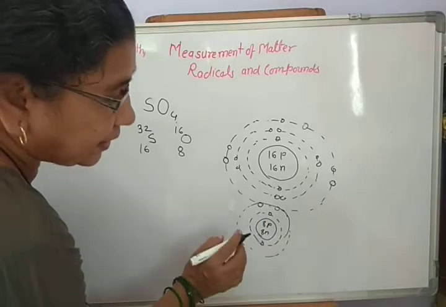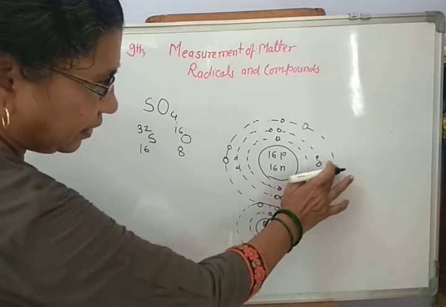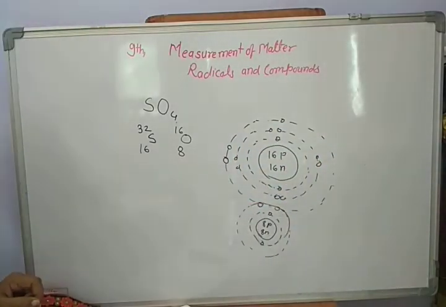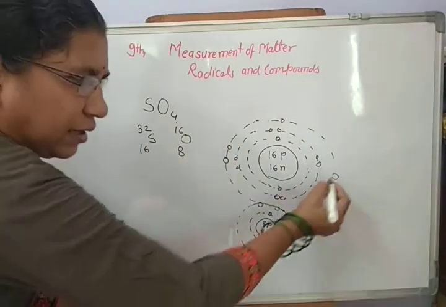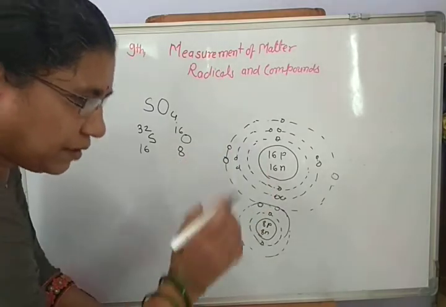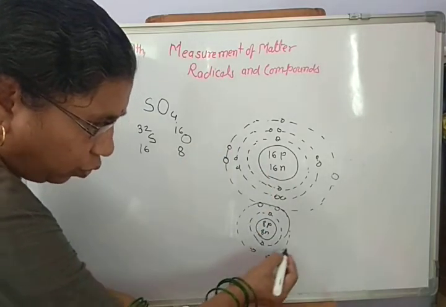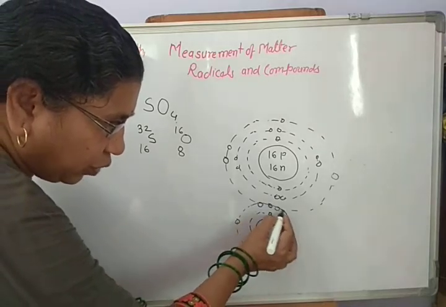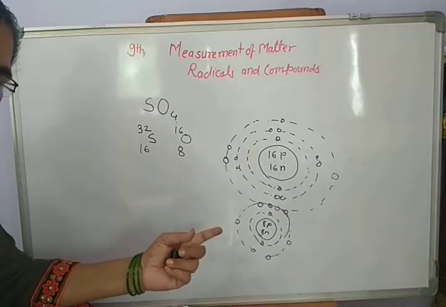Now there are 6 electrons. These 2 are from sulfur. There are a total of 6 electrons in the outermost orbit of sulfur: 1, 2, 3 and 4, and here 2 electrons are shared. So a double bond is formed.